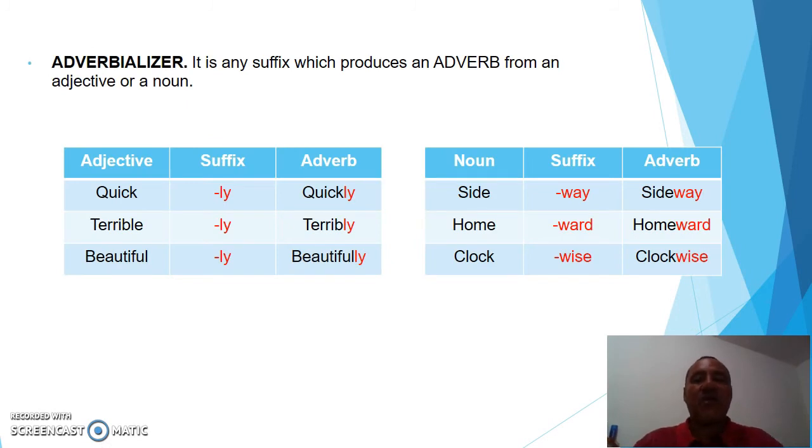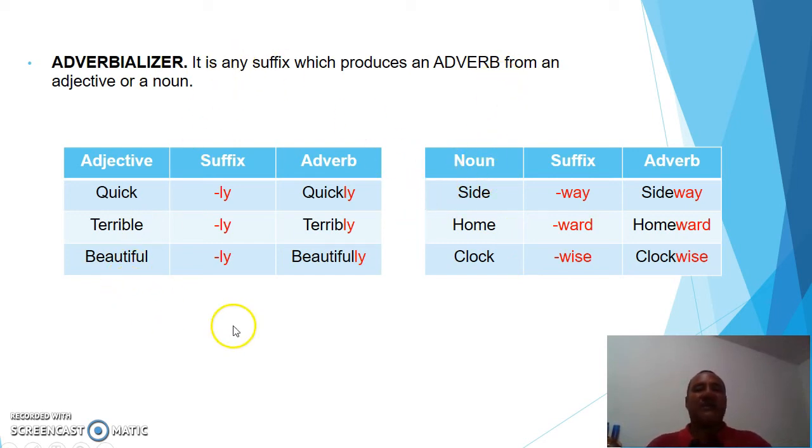And the final group, which is the least common in this kind of derivational affixes, is called adverbializers. Here we produce an adverb from an adjective or a noun.